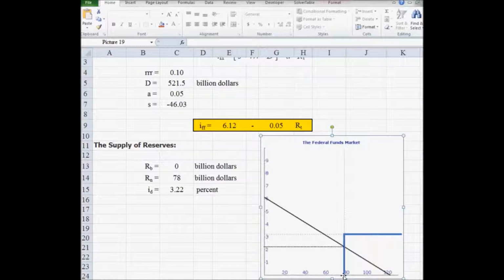The supply curve is the L-shaped part of the dashed cross that starts at $78 billion, goes up until the discount rate of 3.22, and then goes right. The equilibrium federal funds rate is the interest rate at the intersection of demand and supply. The equilibrium federal funds rate is roughly 2.2%.